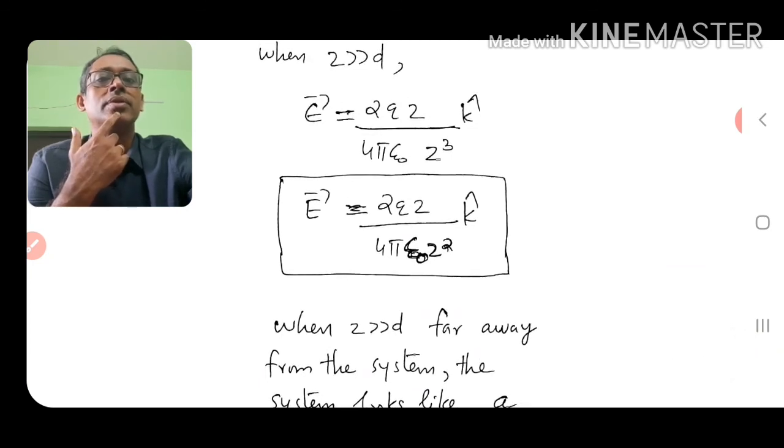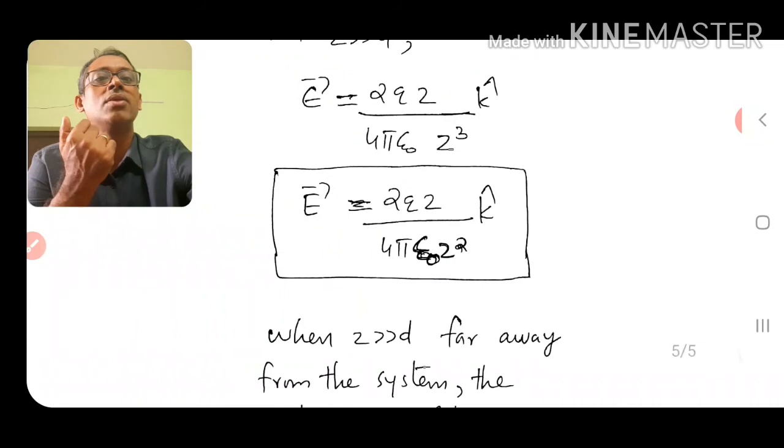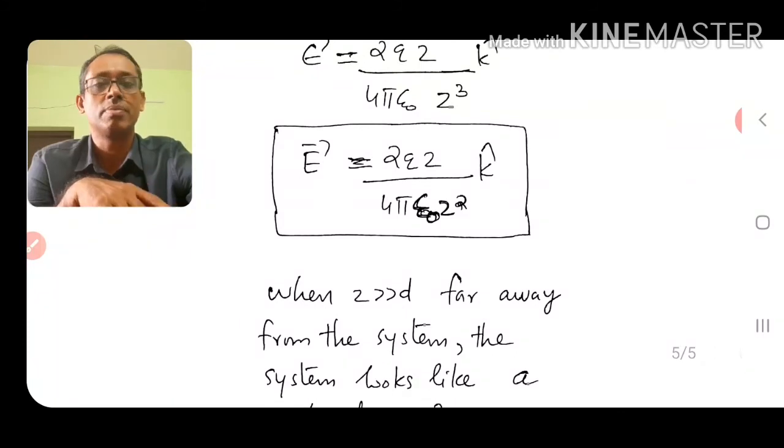There is a mistake here: we cancel one z with the z cube, so we get 1 by z square. So this is actually 1 by 4 pi epsilon 0 2q by z square.